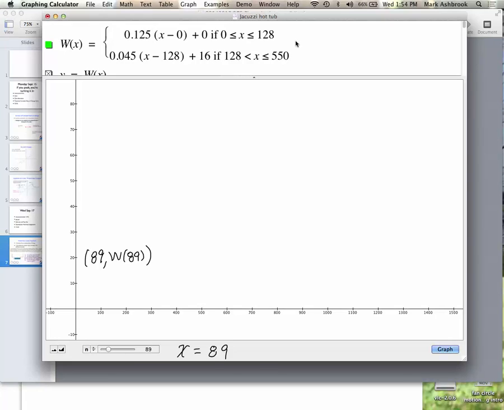And it got something like 11.125 for the water height. So that's why we had this if statement. If X is between 0 and 128, that's what we got, 89, then it's going to use line 1, and it's going to generate that height, okay?